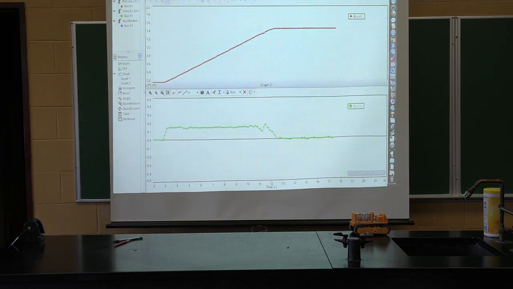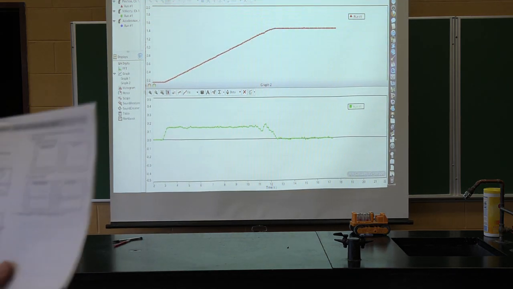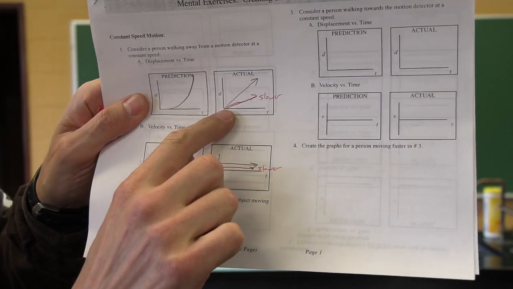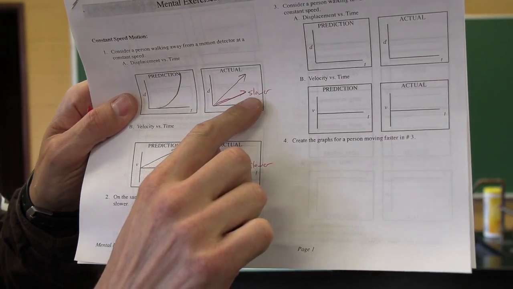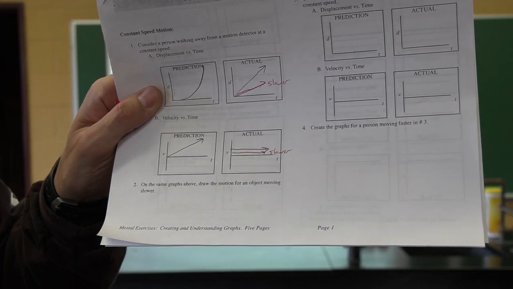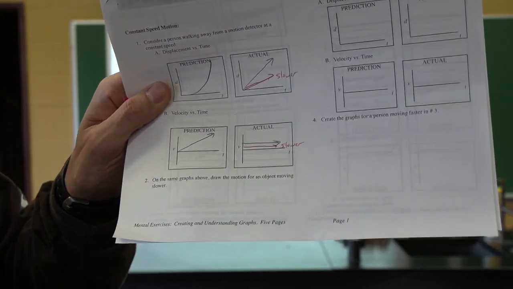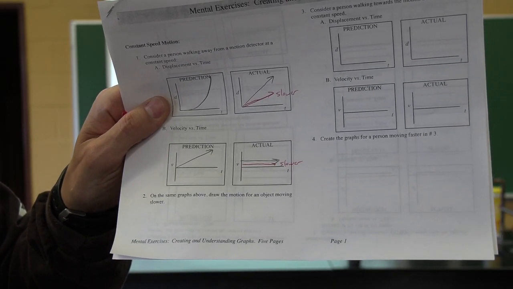And here it is. Okay, so you see slower is a line that begins at the origin but slopes up at a slower slope, and then slower is still straight across but lower for the velocity graph.